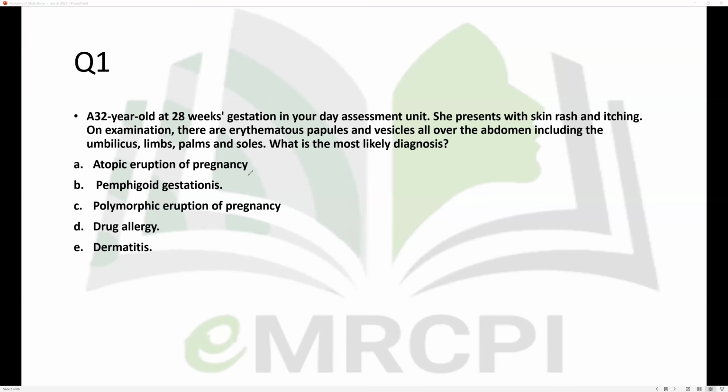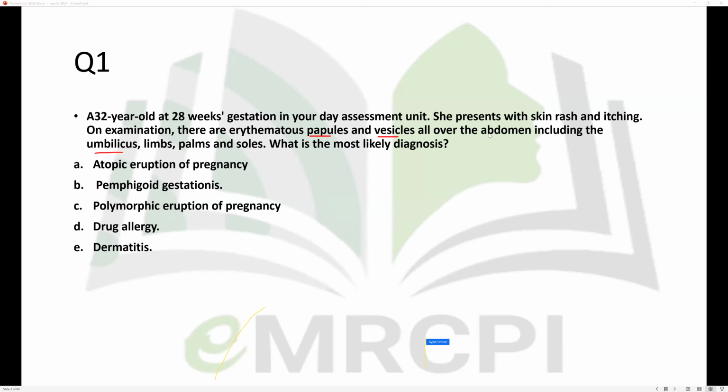Here, the diagnosis: if there are papules and vesicles including the umbilicus, this is what we call pemphigoid gestationis, right?